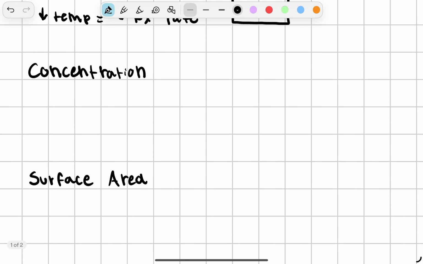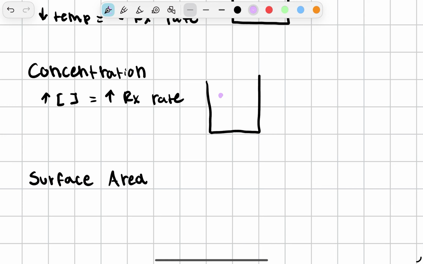Okay, concentration. If you have an increased concentration, this will increase the reaction rate. Why? Well, let's go back to a beaker. If we have, say, 2 particles of each for an example, there's a low chance that these 2 particles will bump into each other.